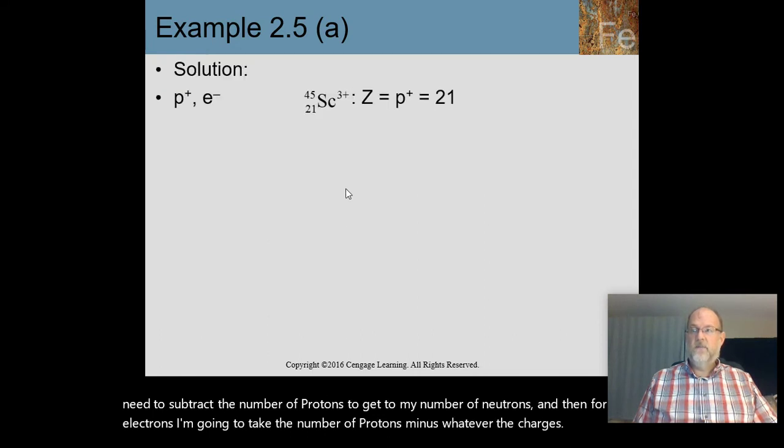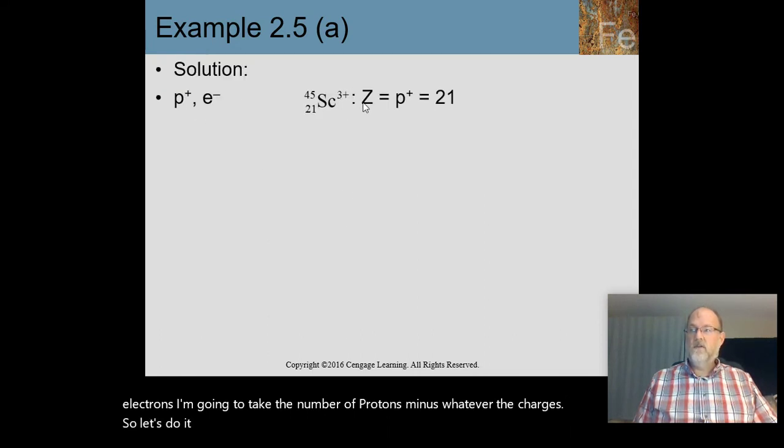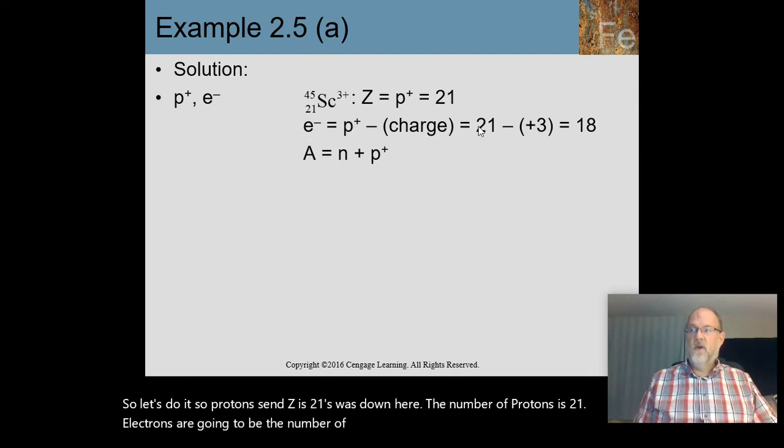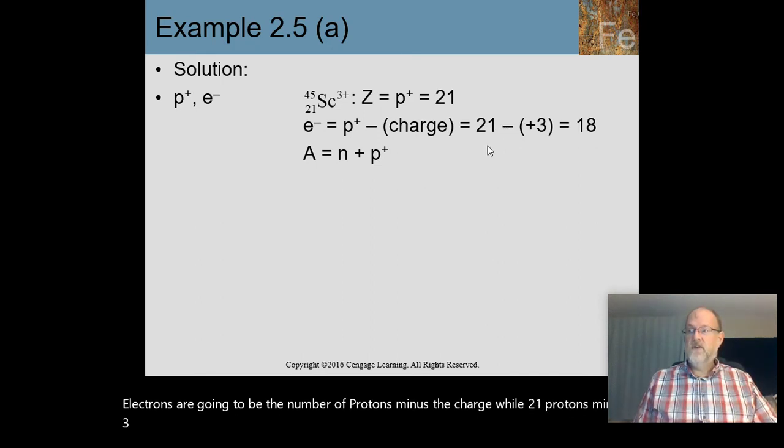So let's do it. Since Z is 21, that's what's down here, the number of protons is 21. The electrons are going to be the number of protons minus the charge. Well, I have 21 protons minus +3 as my charge, so 21 minus 3 is 18. I have 18 electrons.